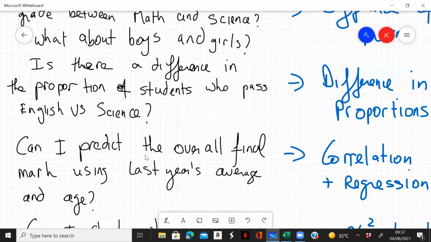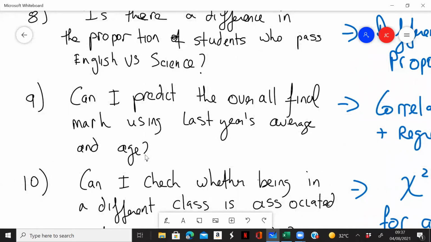Moving on. What about prediction? Notice so far, we're only talking about differences. We're only talking about creating a range of values, our confidence interval. We're only talking about probabilities, but we've never talked about predictions.